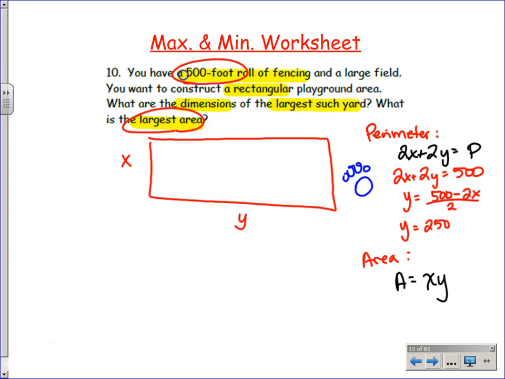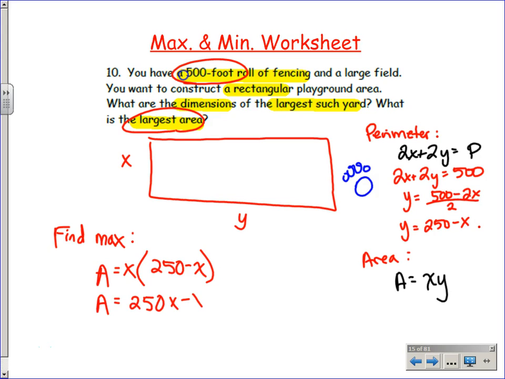Totally legal, because what did I do? I factored out a 2 and then I was able to reduce. So what can I do down here in my area formula? Isn't this the same thing as 250x minus x squared?